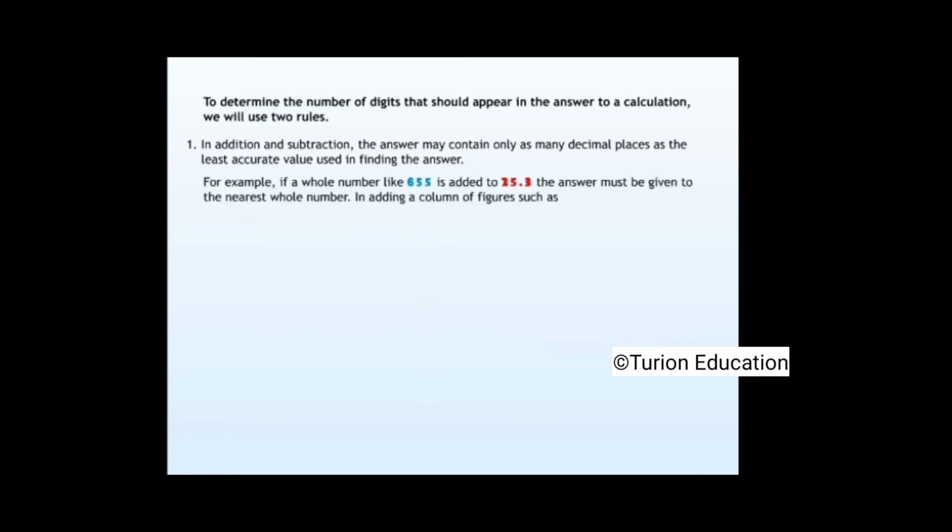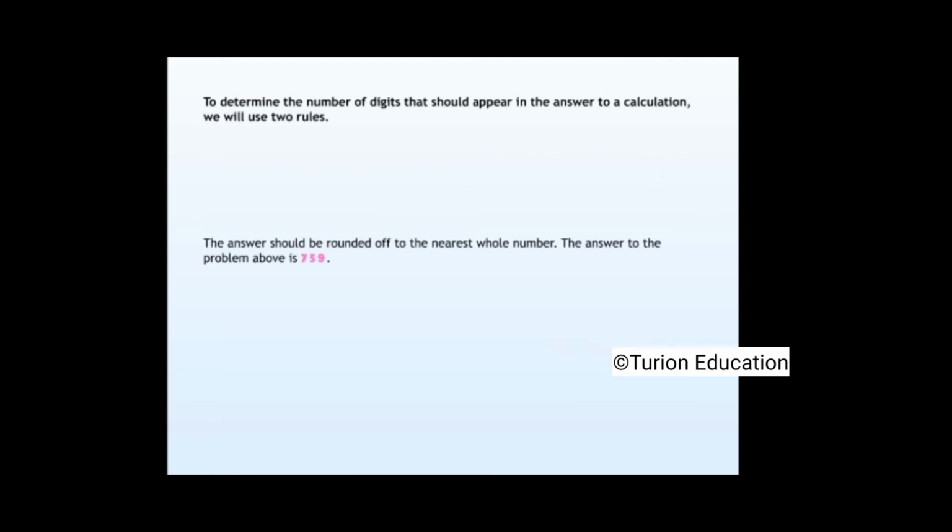For example, if a whole number like 655 is added to 25.3, the answer must be given to the nearest whole number. In adding a column of figures such as 606 plus 35.3 plus 5.31 plus 112.16, the answer should be rounded off to the nearest whole number. The answer to the problem above is 759.